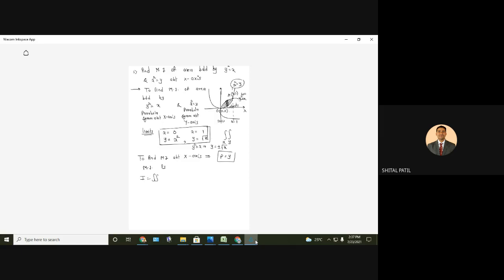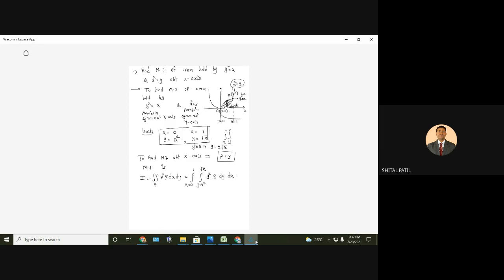Nothing is given about rho, so keep it as it is, dx dy. So x equal to 0 to 1, y equal to x square to root x. P is y, so y square. Rho is constant, integration with respect to y first and then with respect to x.